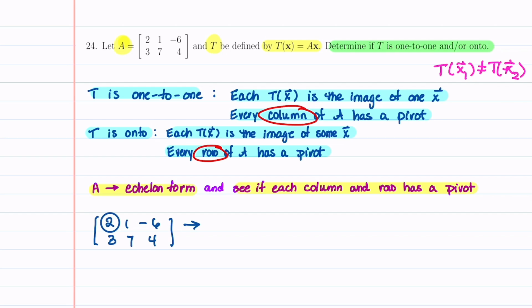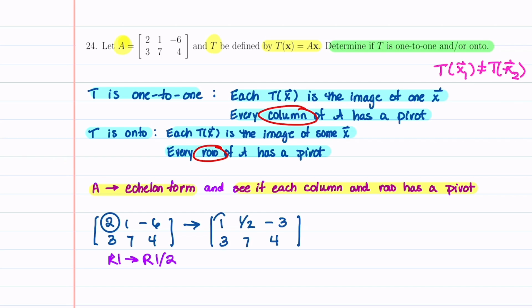I think it would be a lot easier to start if we scaled row 1 to get a 1 in the upper left. So row 1 becomes row 1 divided by 2, and every entry is going to get divided by 2. That'll make the row reduction a lot easier.